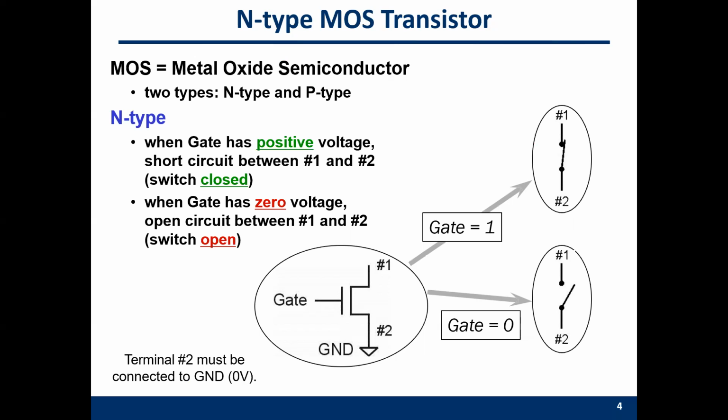So if you apply a 1 here, then you will close this switch so that the electricity can come. If you apply a 0 here, then the switch is open. No electricity can pass through this gate.